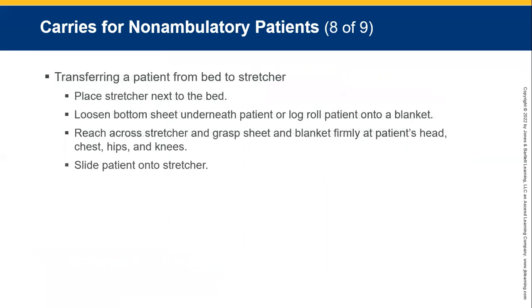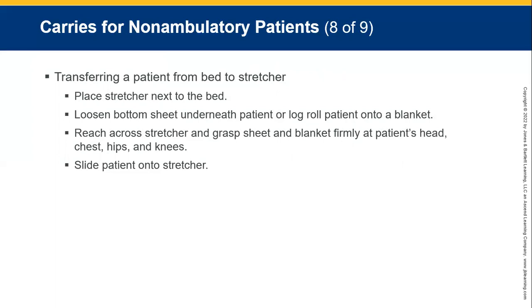Transferring a patient from the bed to a stretcher: place the stretcher next to the bed, loosen the bottom sheet under the patient, or perform a log roll onto a blanket, and slide the patient on the sheet or blanket over to the stretcher, then slide the sheet out from underneath.